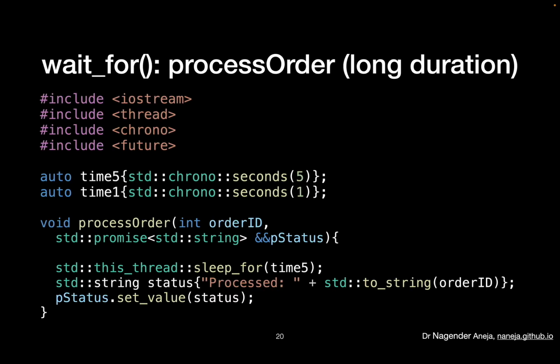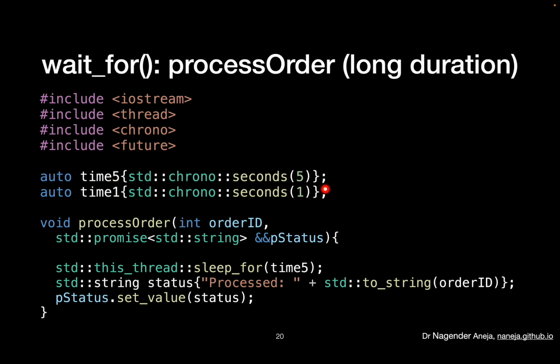Alternatively, we can also use wait for. If you think the thread will take time and you don't know how much, then you can try that, because get will block. Maybe you think get may take so much time, but you want to check when it's available. For that, we can use wait for. Let's say we have two times, time 5 and time 1.